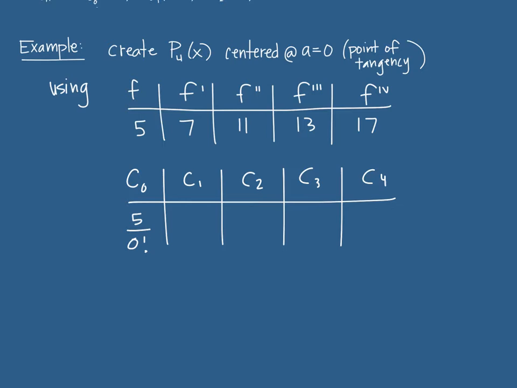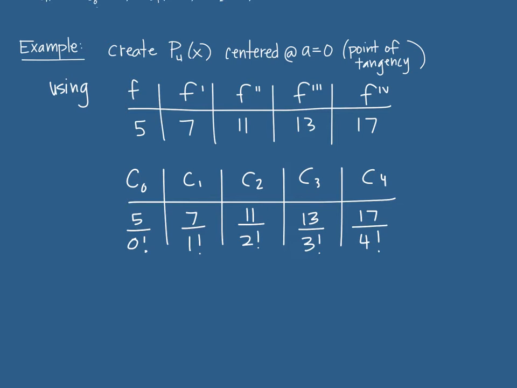The second coefficient takes the derivative 7 and divides by 1 factorial. And then 11 divided by 2 factorial. 13 divided by 3 factorial. 17 divided by 4 factorial.